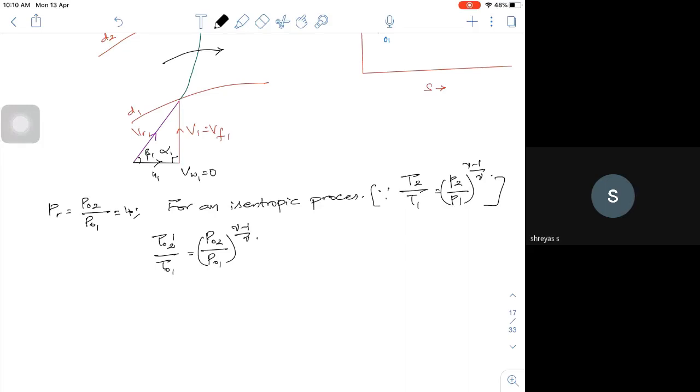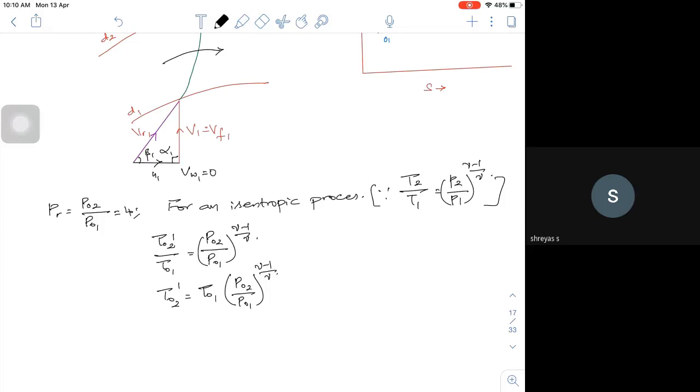So I need to find T02 dash, which is equal to T01 into P02 by P01, which is already 4, as given, whole to the power of gamma minus 1 by gamma. Now, let's try to substitute the values.